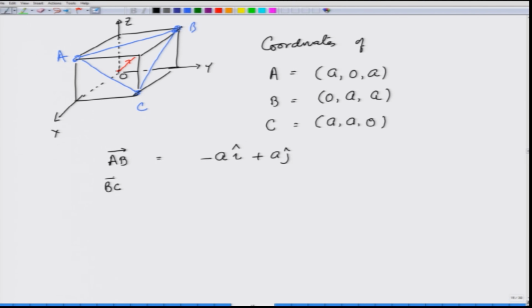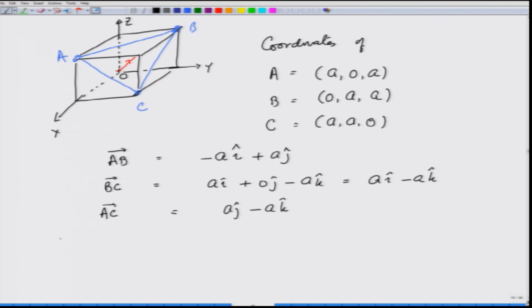Vector BC is coordinates of C minus coordinates of B, which is a i plus 0 j minus a k, so a i minus a k. And vector AC from A to C is coordinates of C minus coordinates of A, which is 0 in x since a minus a is 0, a j minus a k. So, these are the three vectors we formed.